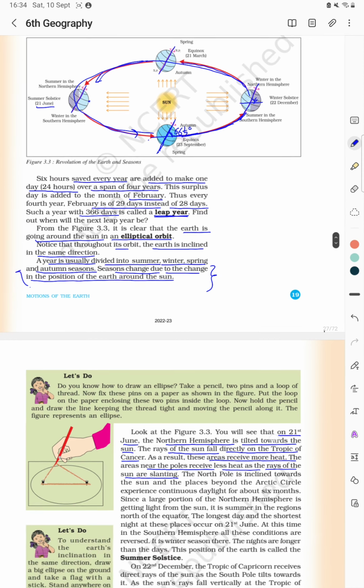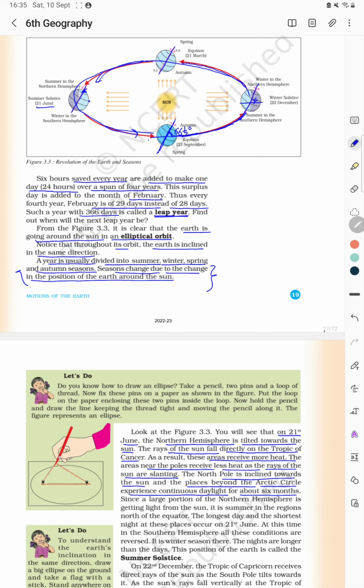Okay, so the north pole is inclined towards the sun. As we can see from the figure, this is north pole and this is inclined towards the sun. And the places beyond the Arctic Circle experience continuous daylight for about 6 months, because this part is continuously receiving light of the sun.